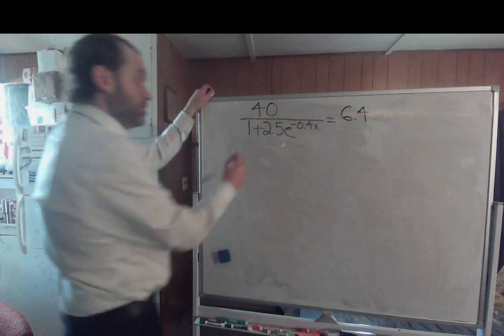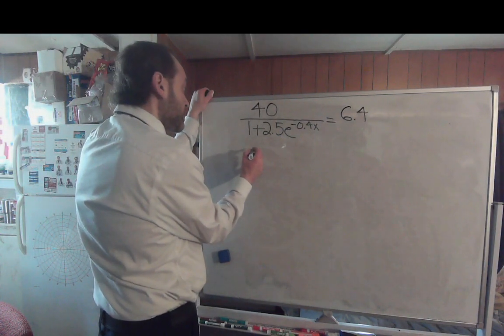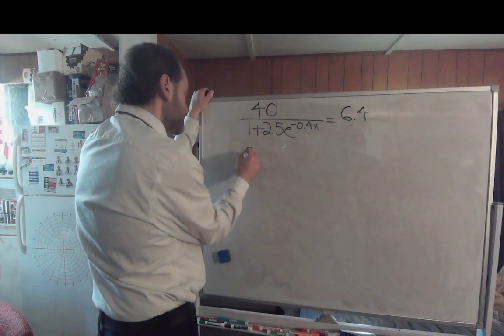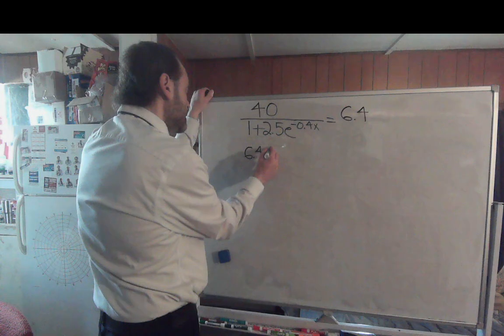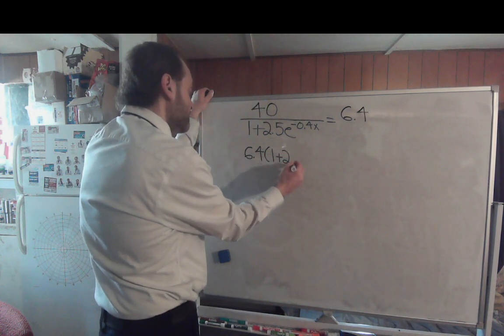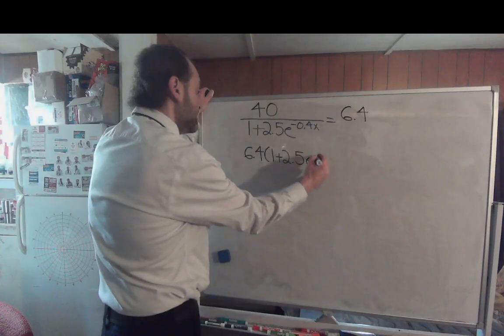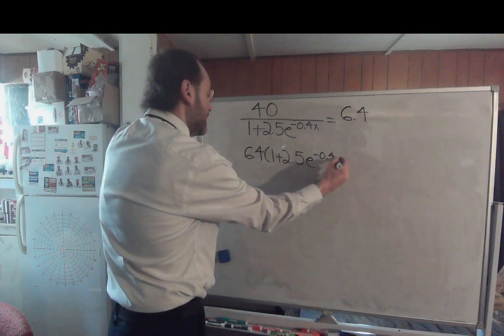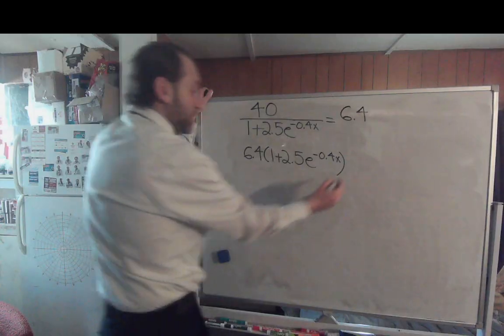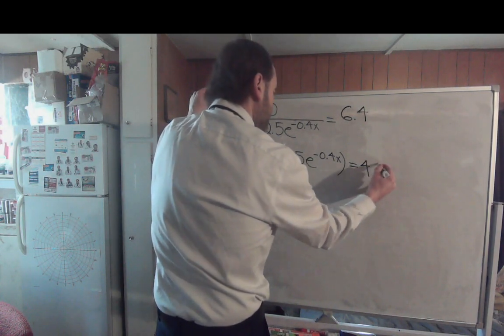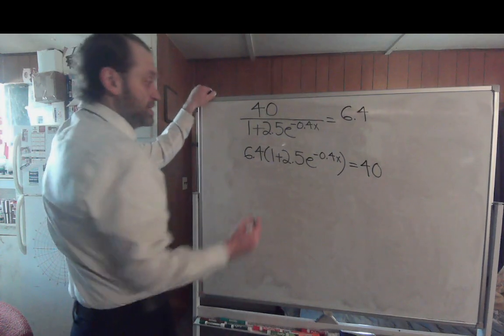So we'll cross multiply. You would end up getting 6.4 times 1 plus 2.5e to the negative 0.4x would equal 40. Now divide both sides by 6.4.